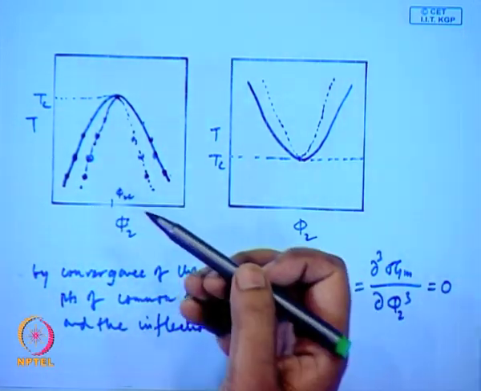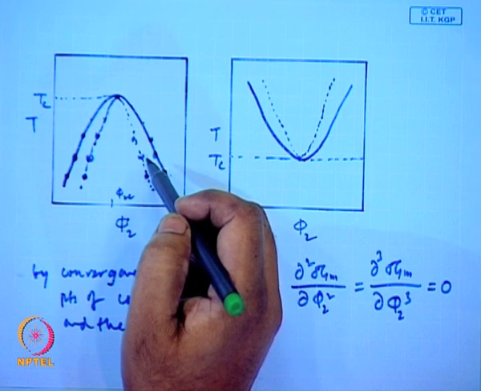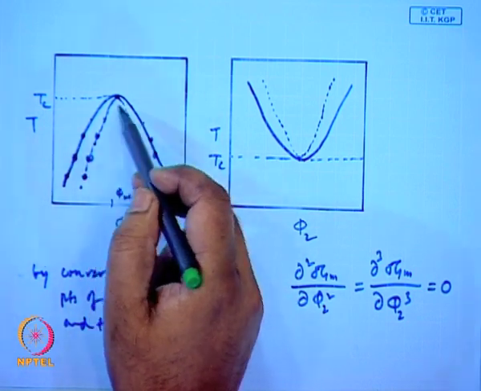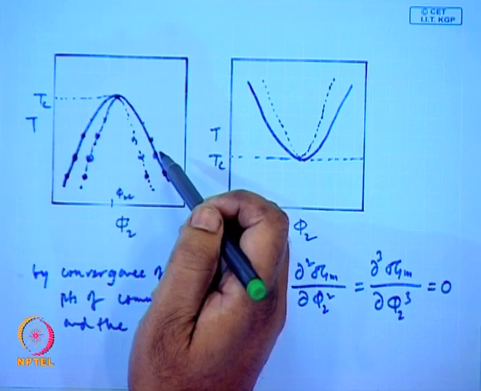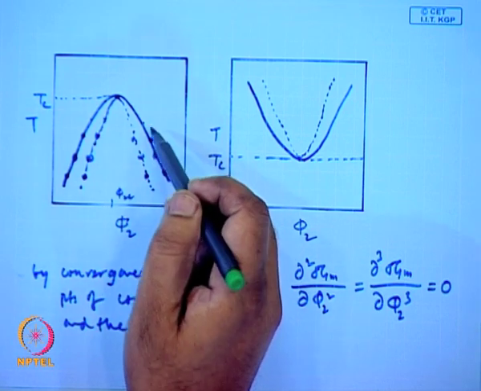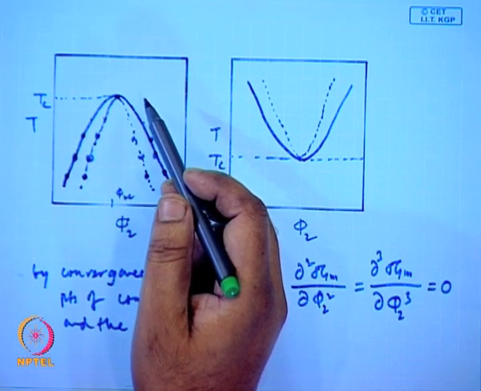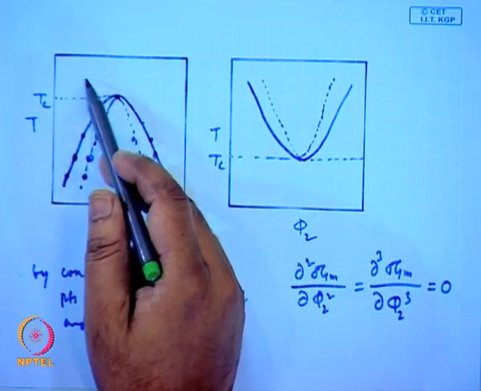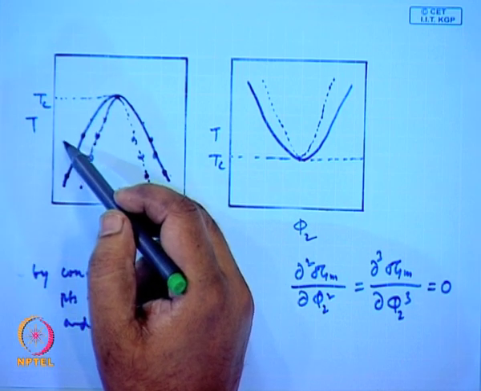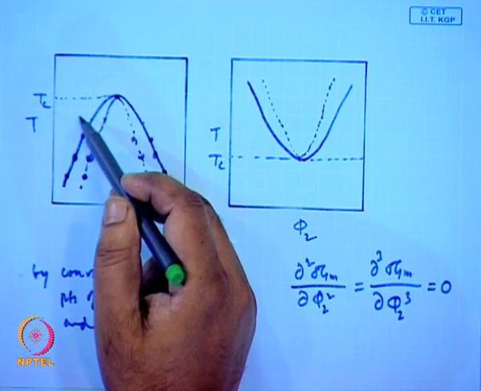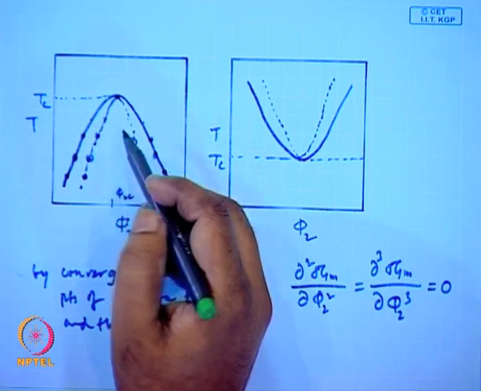So, what about these regions then? Any composition above these solid curves will be completely soluble, okay. They will have single phase. So, any point in this region will have single phase.